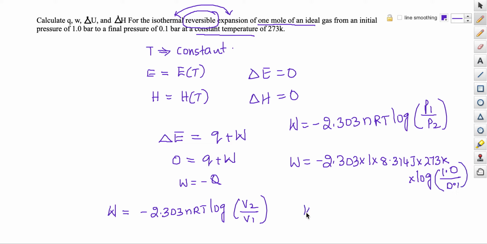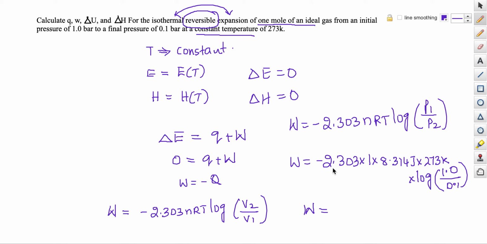So we get negative 2.303 times 8.314 times 273 times log of 1.0 by 0.1. Log 1 divided by 0.1 is 10, and log 10 value is 1.